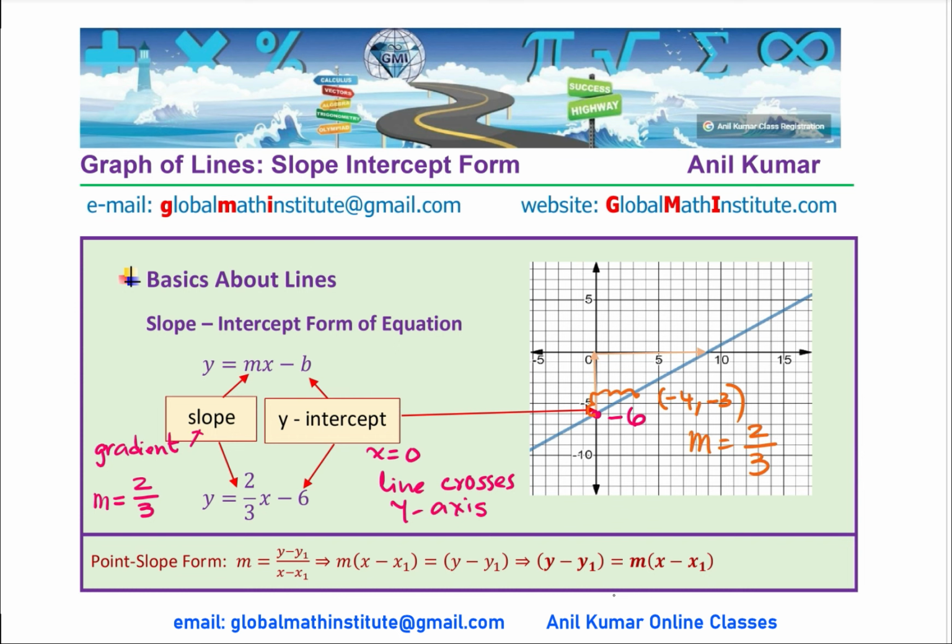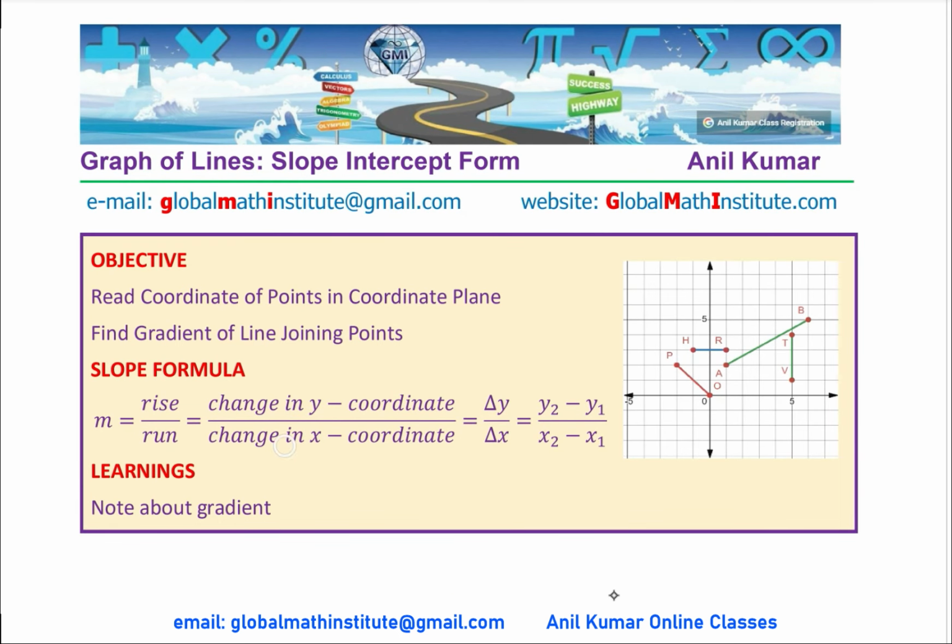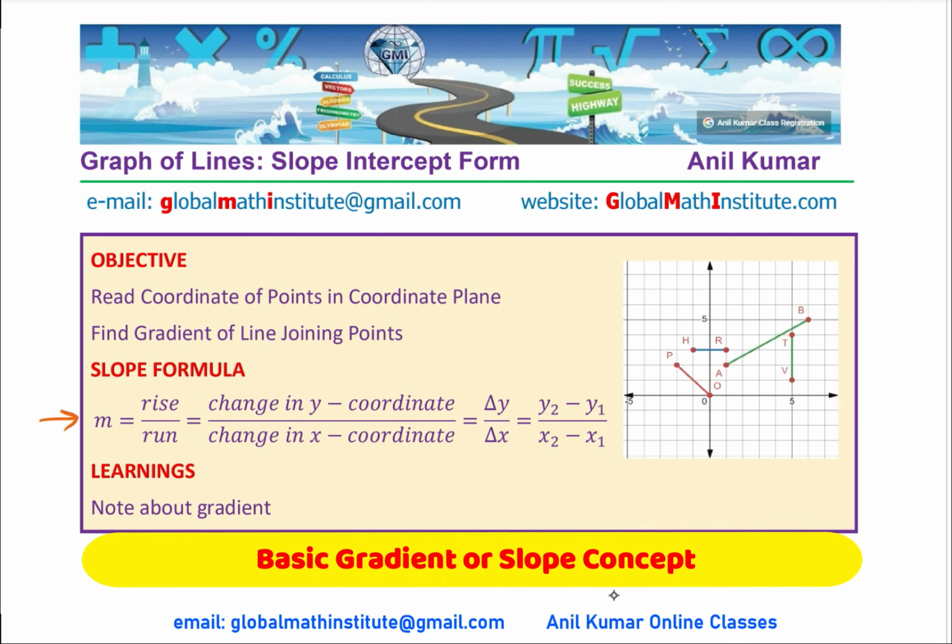Now with that concept, let's again look into what the gradient is. Gradient m is basically rise over run, change in y over change in x. That is y2 minus y1 over x2 minus x1. Now remember one thing, if the line is rising, then the gradient is positive.